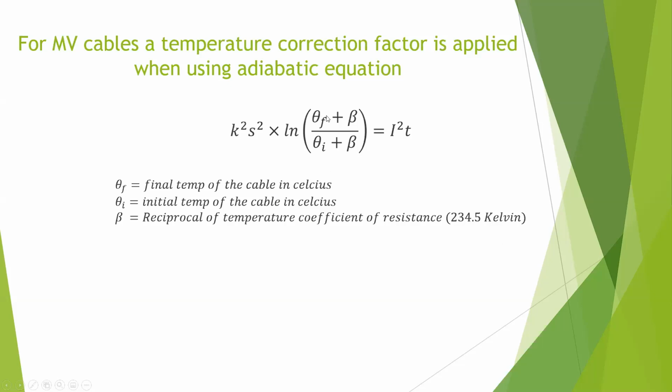But these things are in Celsius, so you do not have to worry about that, because the temperature coefficient is coming as, I think, per Kelvin unit, so the reciprocal of that has the Kelvin unit. The range of Kelvin is different, but the magnitude of 1 Kelvin is equal to 1 Celsius. So you do not have to worry about that. You can just use that 234.5. It is a constant here. Usually we are going to select copper conductors, so you can use this without worry.